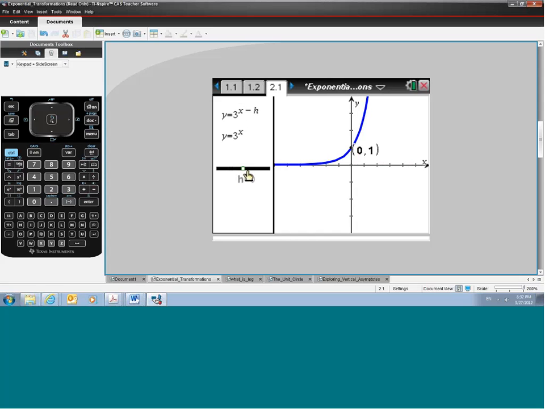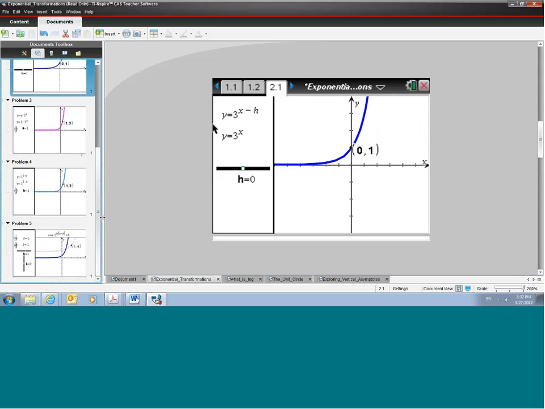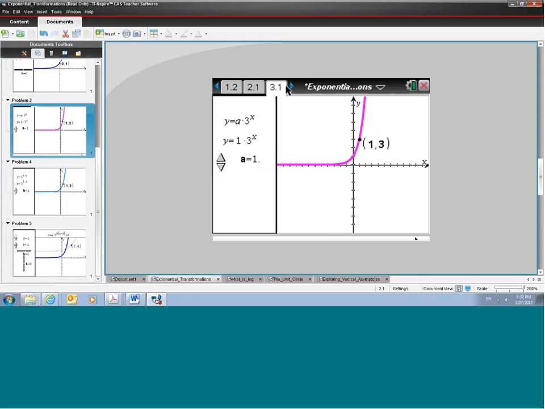Here, they position the slider left and right, I guess to make a visual reminder that this change is going to translate the graph to the left or to the right. And it goes on. We've got three more pages, each with a different change of the base equation.